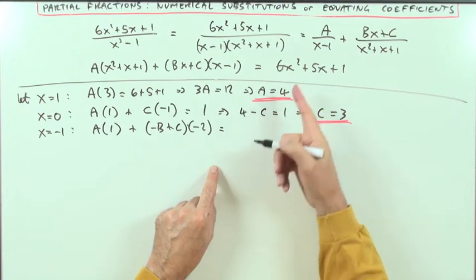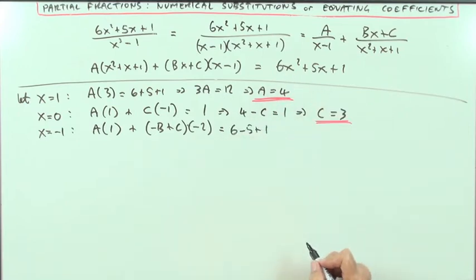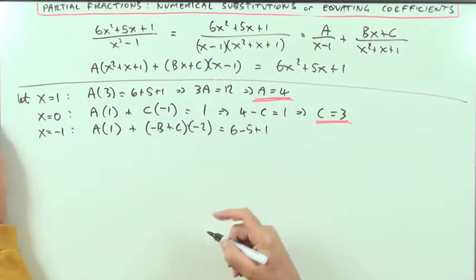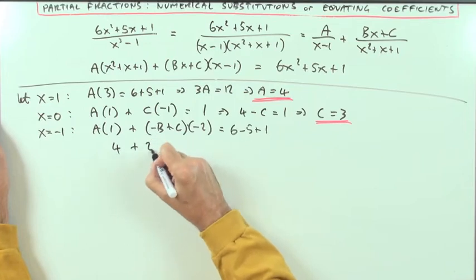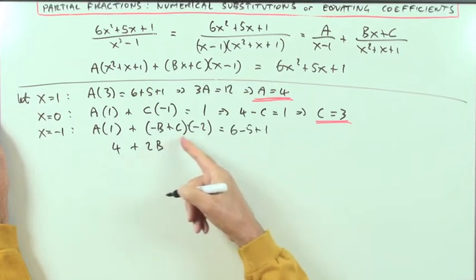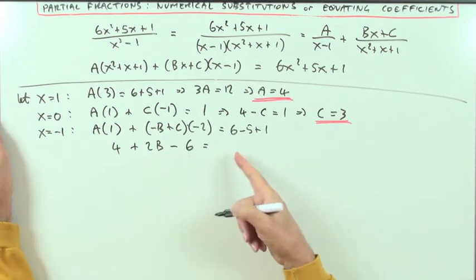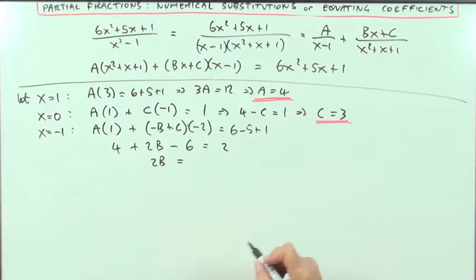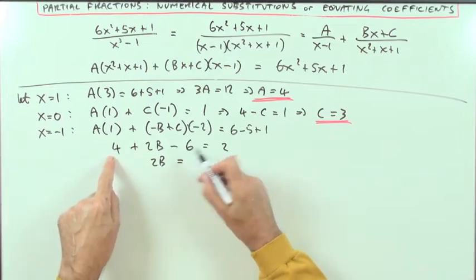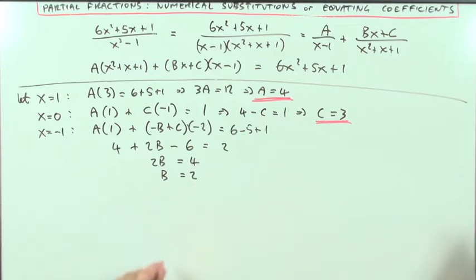I know that A is 4, and that's going to be plus 2B and minus 2C, so minus 2 3s is minus 6, it's going to equal 2, so you've got 2B is equal to negative 2, that's going to make that a 4, so B is equal to 2.